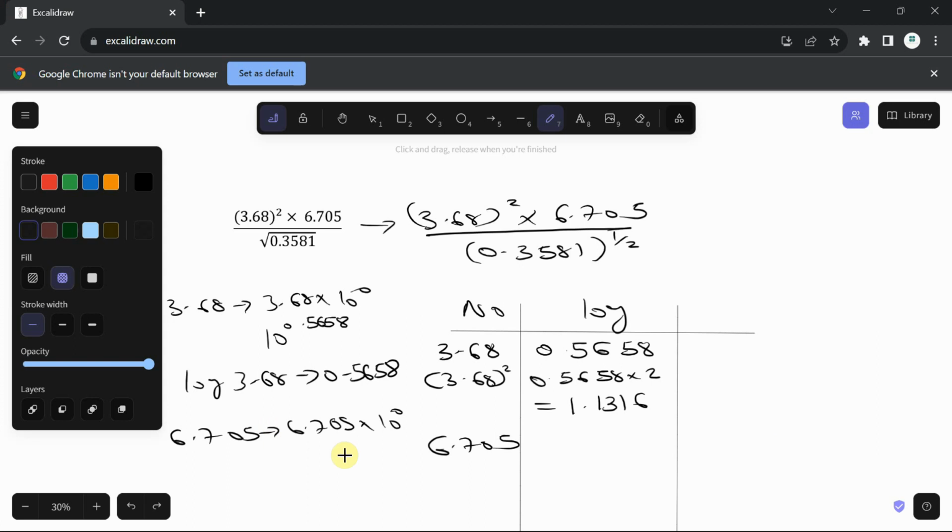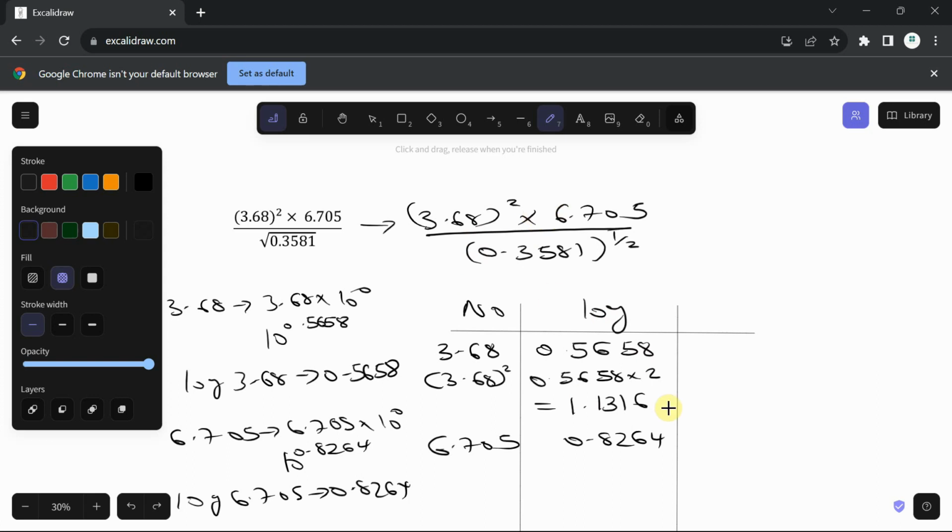So this is 10 raised to the power of 0.8264. Therefore the log of 6.705 is 0.8264. So this guy here would be 0.8264.